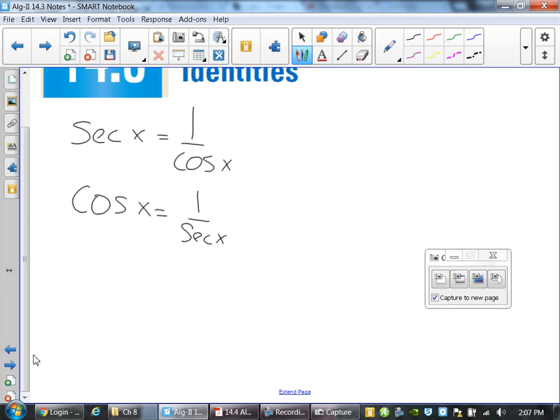Okay? What's the inverse function of sine? Cosecant. So cosecant is 1 over sine, which means sine is 1 over cosecant.